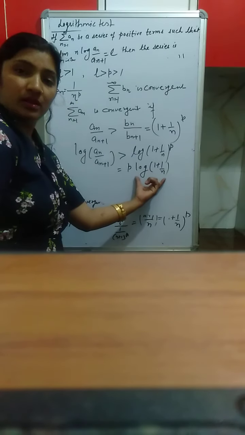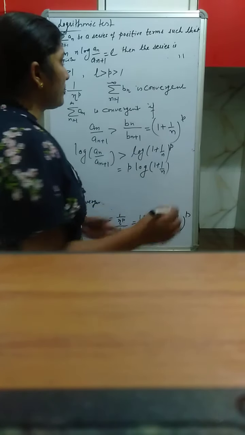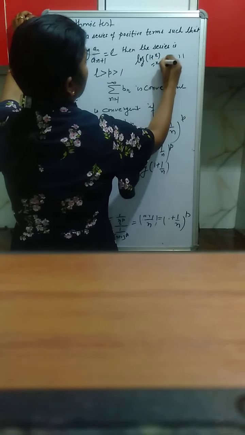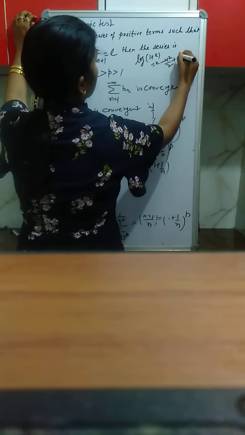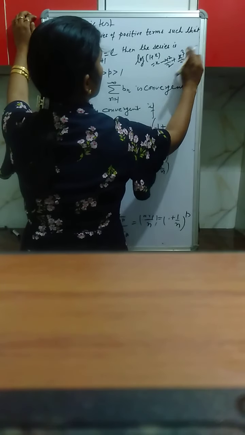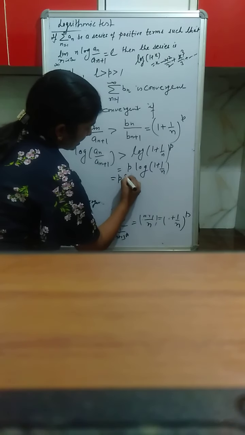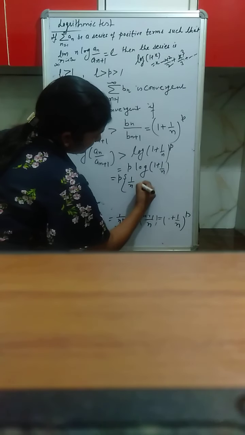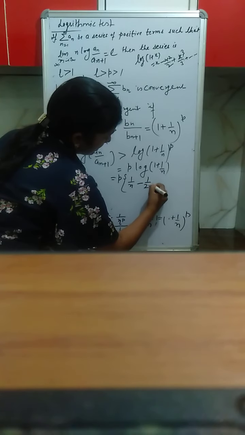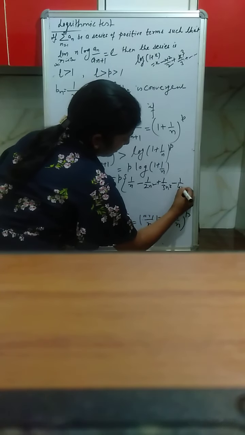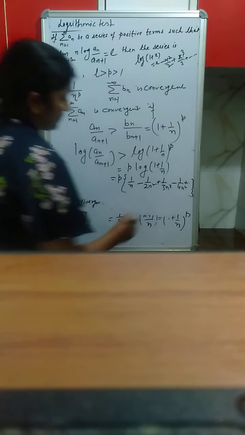Now we expand it with the help of the formula log of 1 plus x, which is x minus x square by 2 plus x cube by 3 and so on. So it is P into 1 by n minus 1 by 2n square plus 1 by 3n cube minus 1 by 4n to the 4 plus and so on.